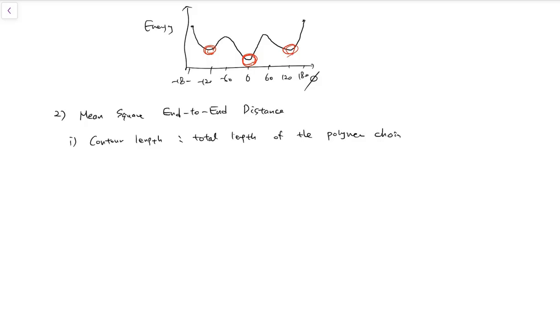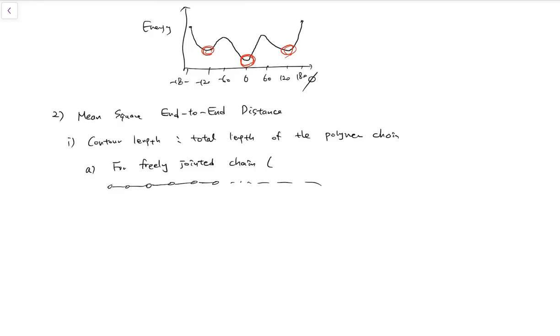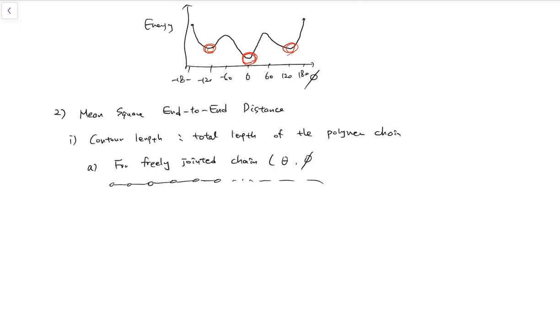Overall total length. So if we assume that the polymers are linearly located, something like this, which is called a freely jointed chain. So in this case, the bond angle theta and the rotation angle, both of them are free. So we can just assume that we simply hold the opposite side and stretch it, right?